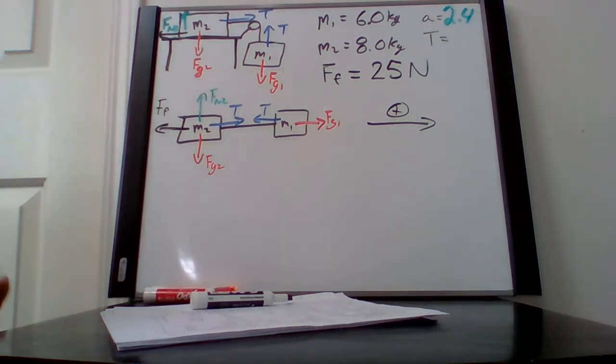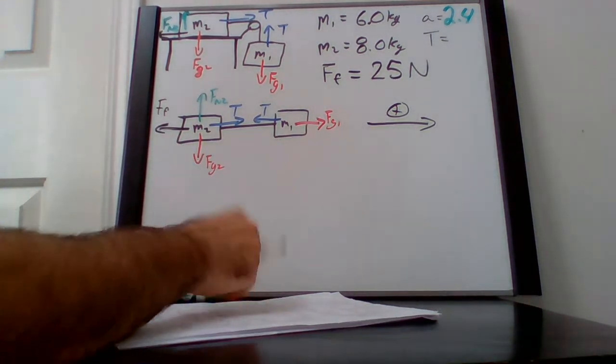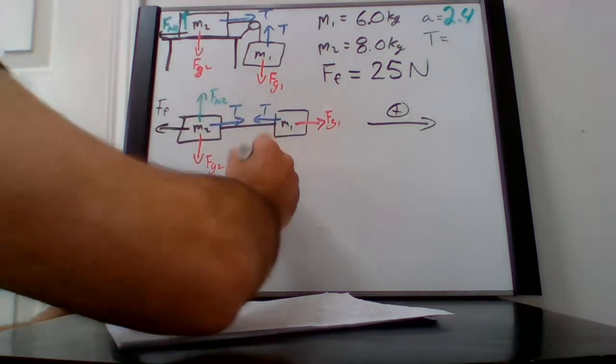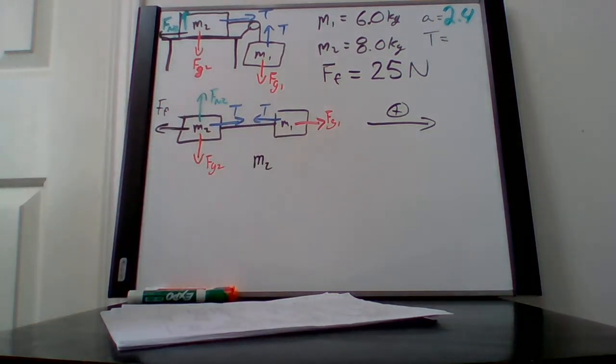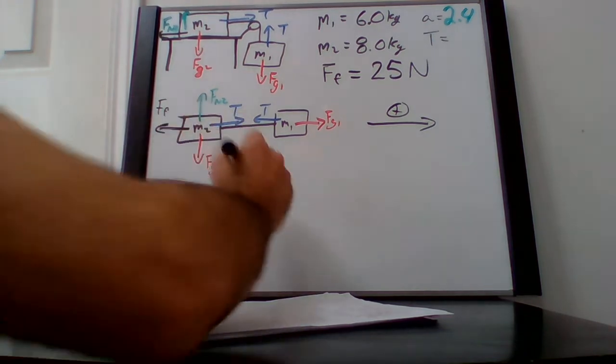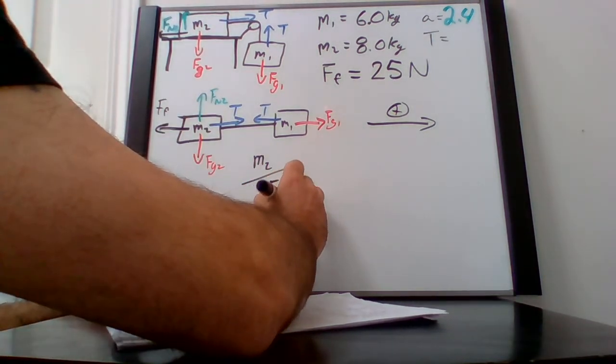Okay, solving for the tension. Well, let's look at mass 2 again. And again, it doesn't really matter, mass 1, mass 2, it's entirely up to you. Okay, for mass 2, we're looking at our F net.